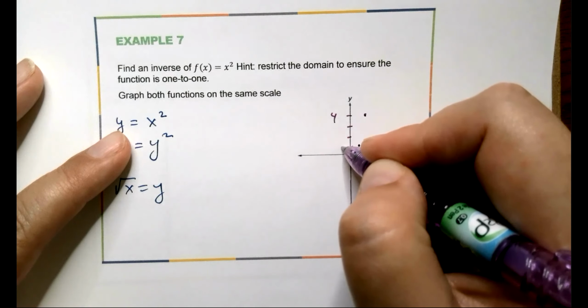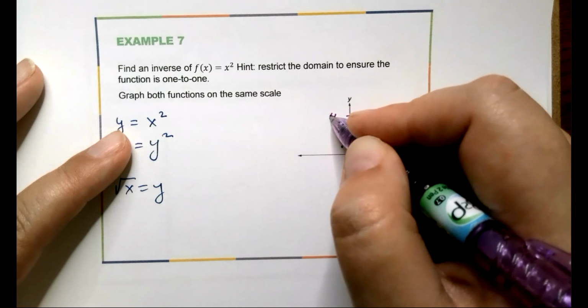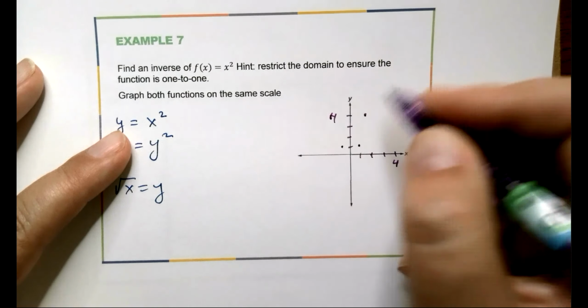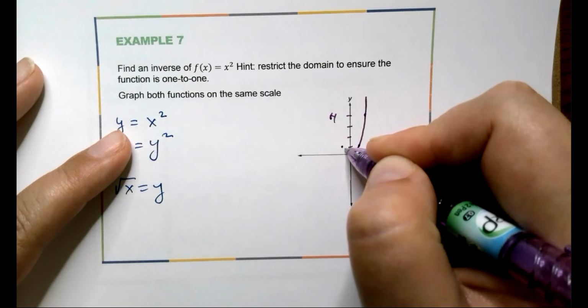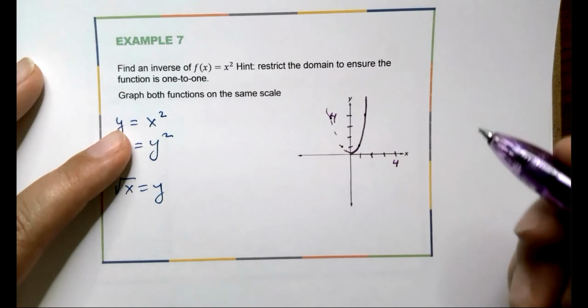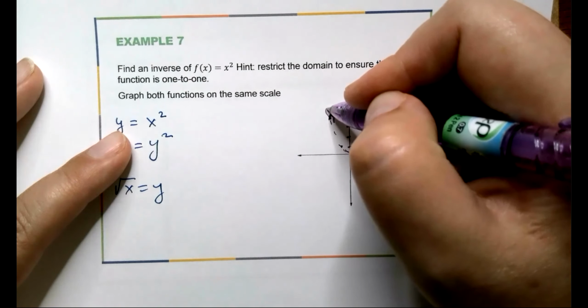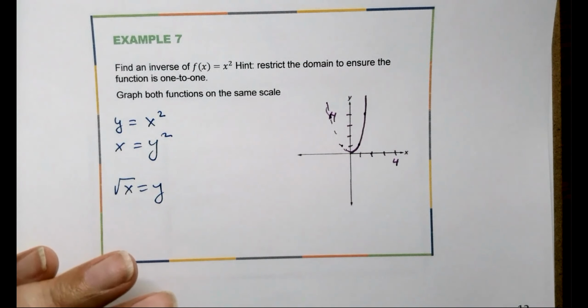Same on the other side, but I'm not gonna make it solid because we already said that we're gonna restrict the domain in order for it to be 1 to 1. So this branch here exists, but I'm not gonna focus on it.